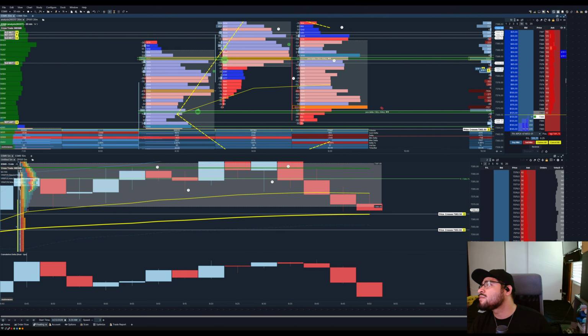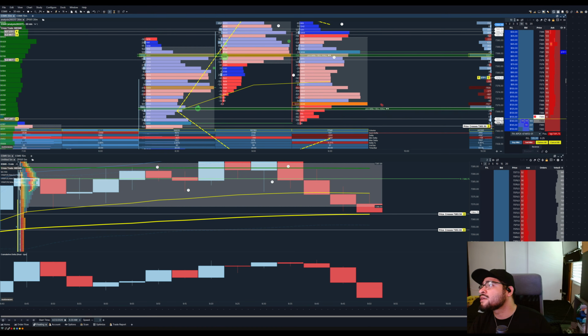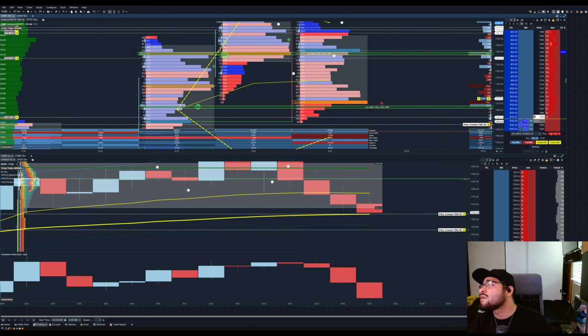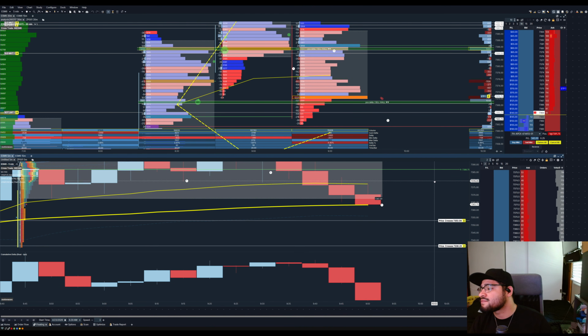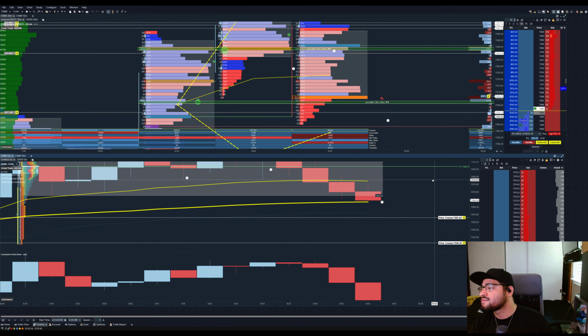Oh, looks like we did hit one of my limit orders at 65. So we locked in some profits there. And now, if we keep going lower, I left my stop at the point of control of this 15-minute candle, which would be a nice retest if we do hit it.